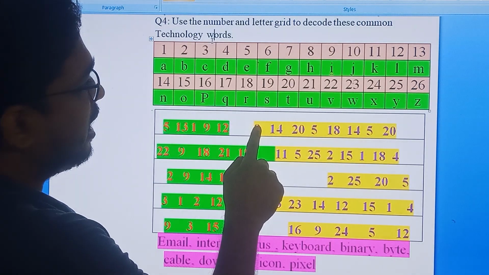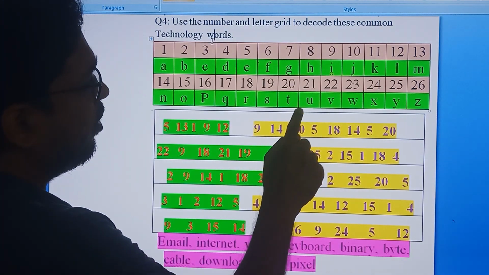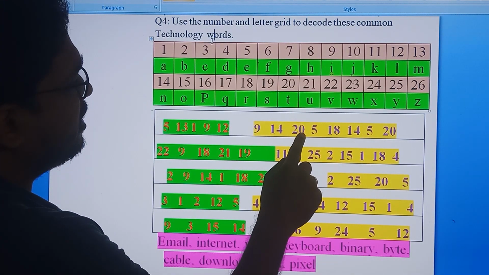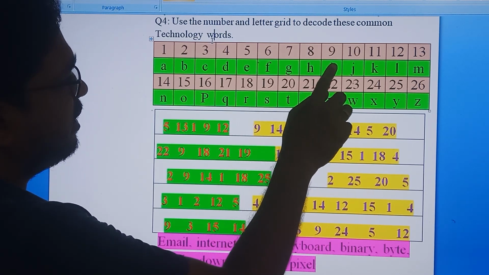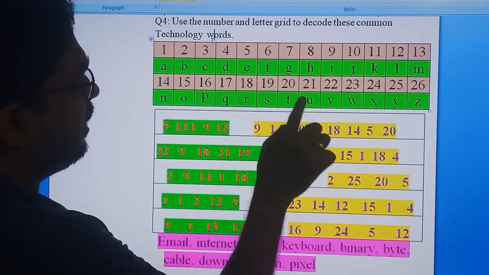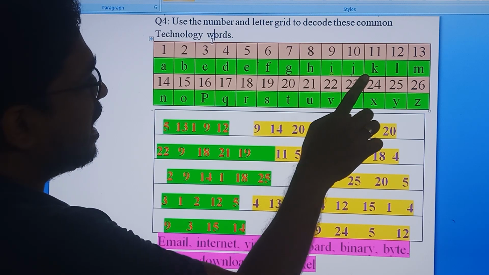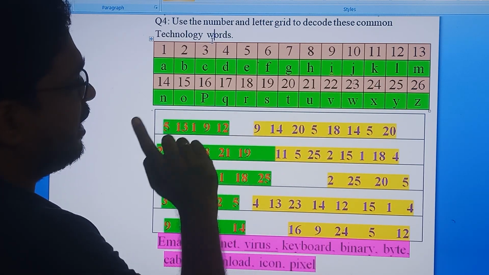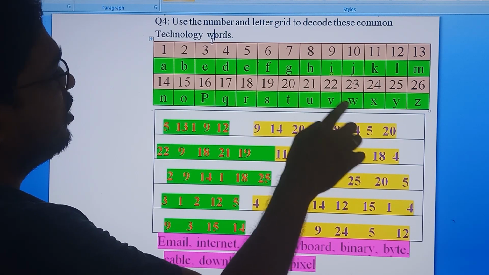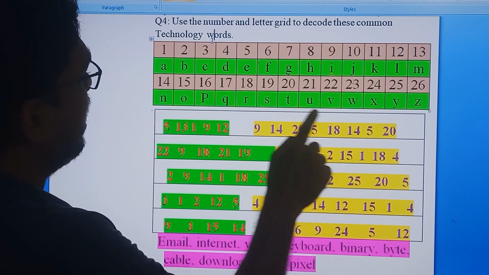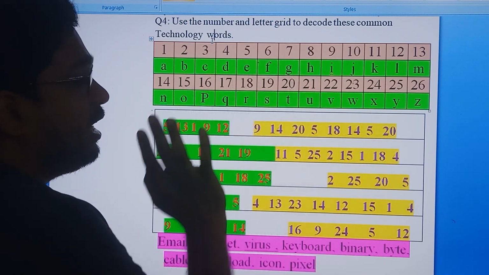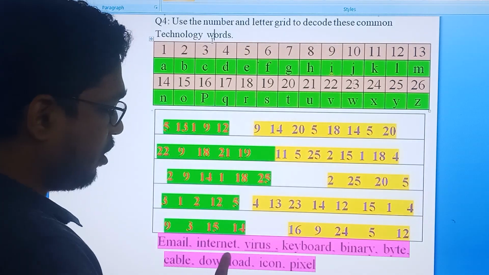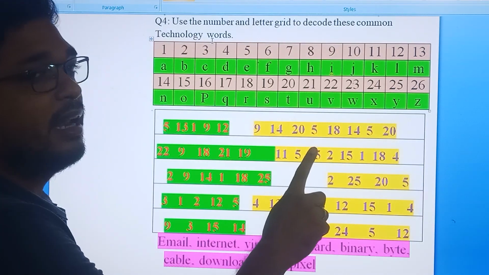Next, 9 is I, 14 is N, 20 is T, then 5 is E, 18 is R. What is 18? Here is 18, 14 is N, then 5 is E, and 20 is T. Internet. I have already mentioned here, it's internet.